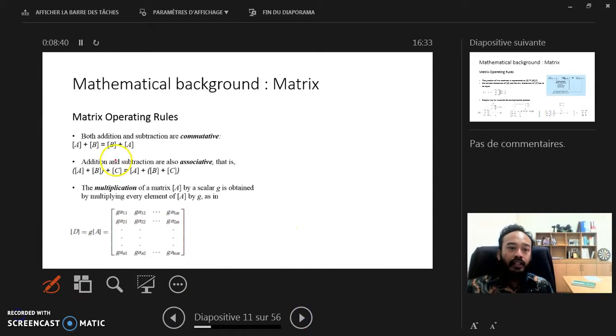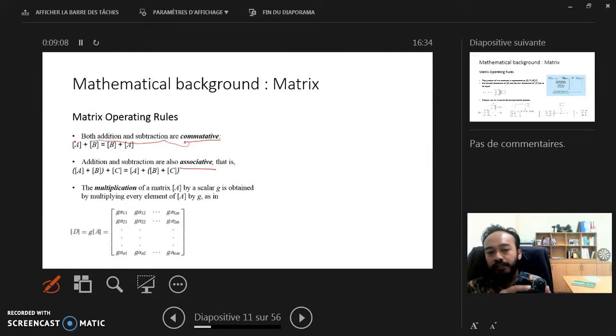And now, the rules of operation on matrices. There are several rules that resemble usual rules of algebra a lot. Addition and subtraction are commutative and associative. Commutative means the order of addition or subtraction doesn't matter in matrix addition and subtraction.